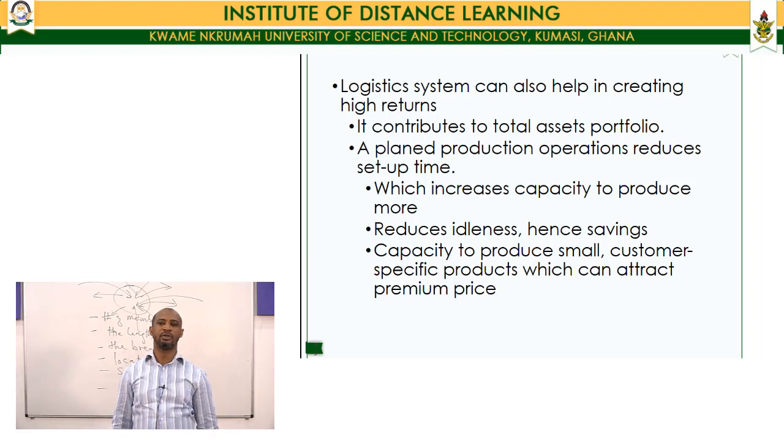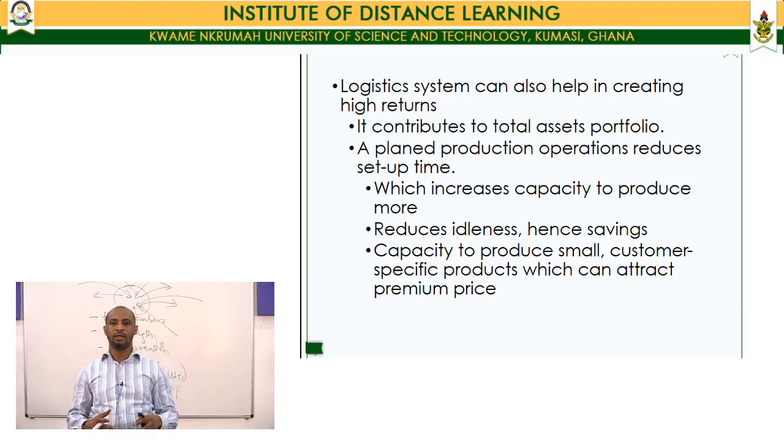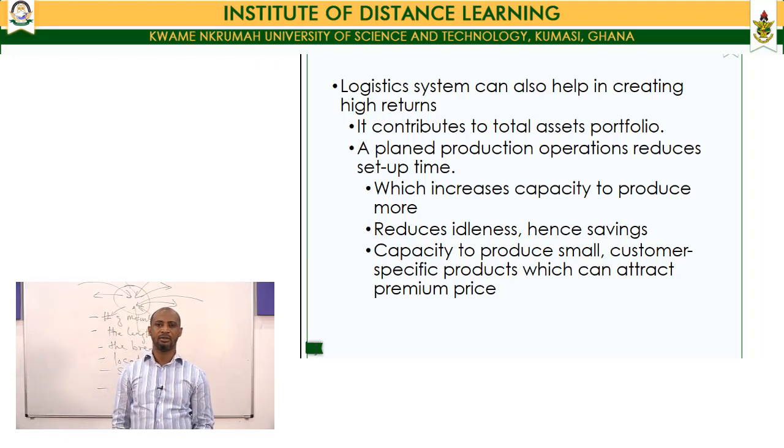That's the logistics function, where we have customer segmentation. We segment the customers, and we are able to make sure that we meet their demands at premium price. That's why we have first class. So you go into the plane, it's the same plane, but you see that the leg space is bigger, the seat is bigger, the stretch is also more.